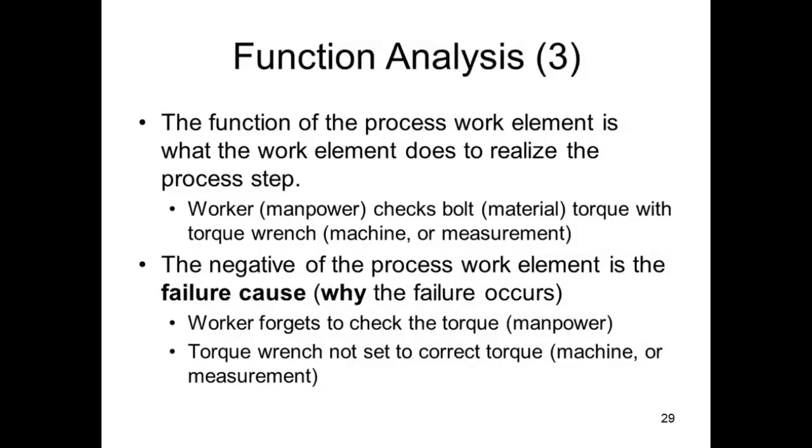We say, okay, why wasn't the torque checked? The worker forgets, and we might want to ask why that happened. The answer is not that the worker is careless, but that it's possible to forget. The actual failure cause is it's possible to forget, and if it's possible, sooner or later it will happen. Another possible failure cause is the torque wrench isn't set to the correct torque.